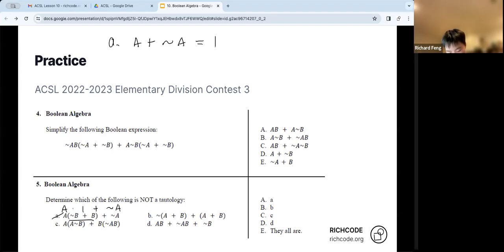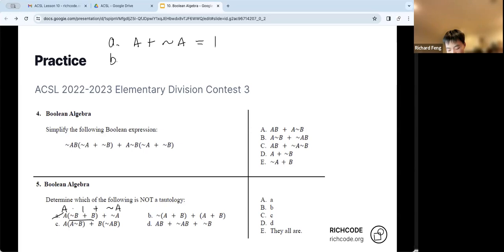Now let's move on to choice B and do the same thing. For B, I see A or B is common, and one of them has a negation in front of it. So you can treat A plus B as one term.